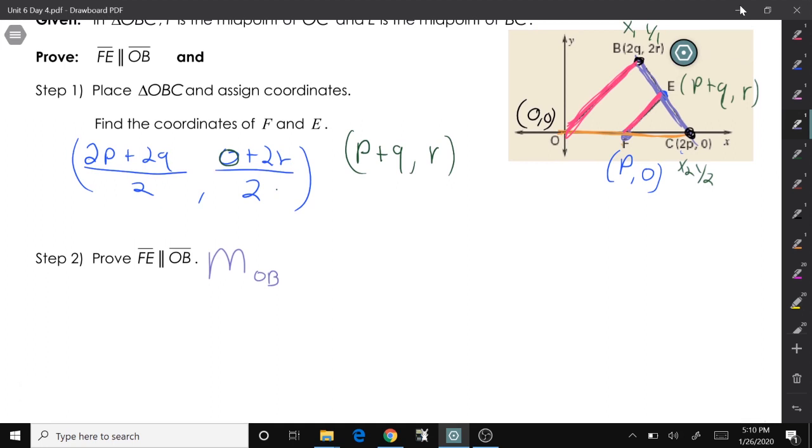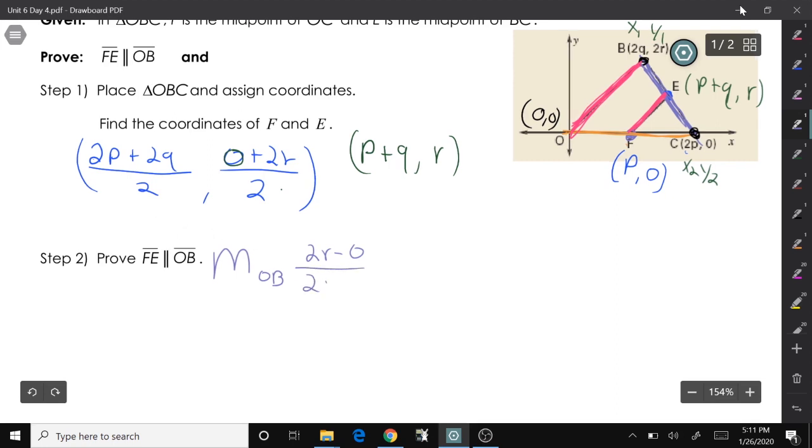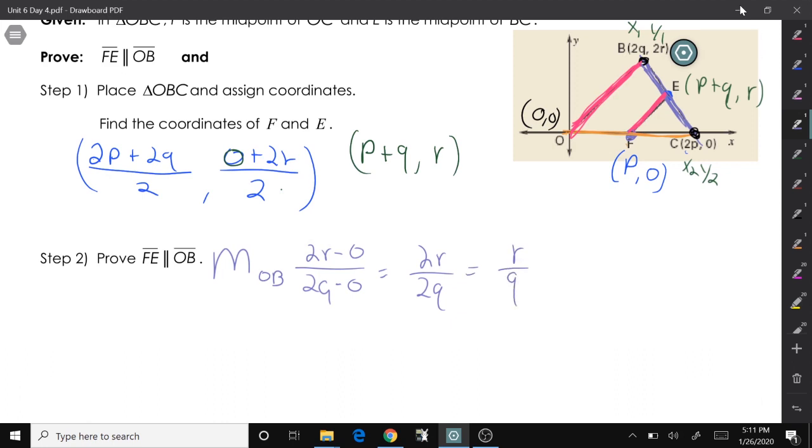Luckily one of the points is (0, 0), so it's going to make it real easy. So 2r minus 0 over 2q minus 0, that equals 2r over 2q, which just equals r over q. So the slope of OB, or BO, is r over q.